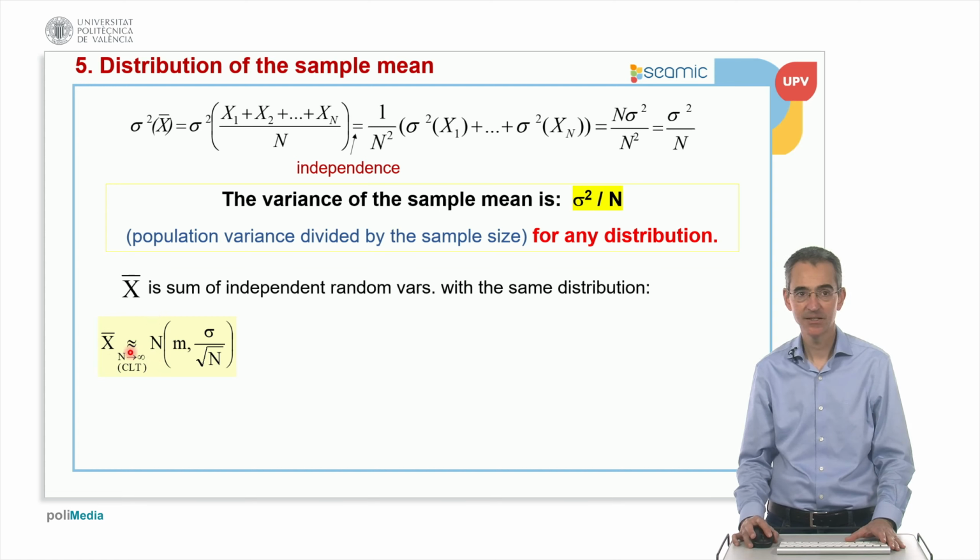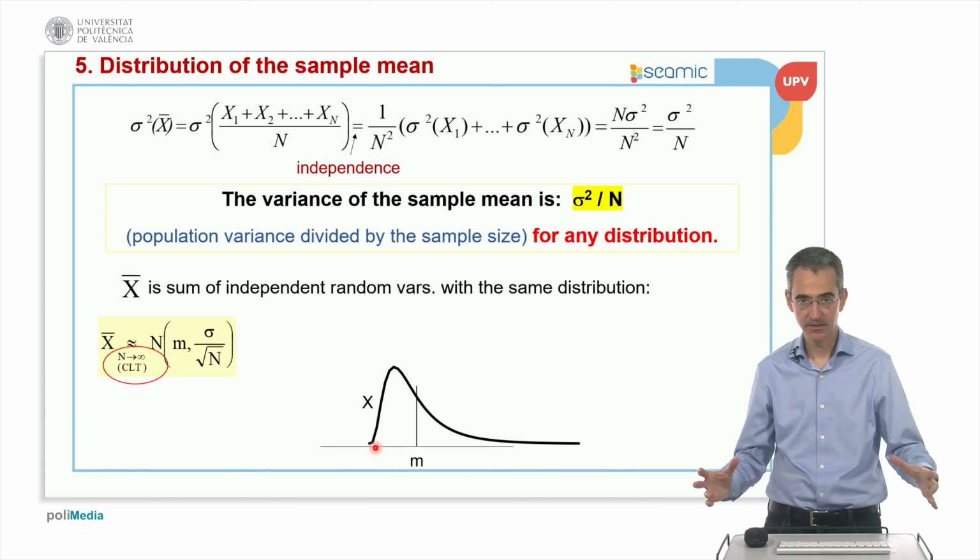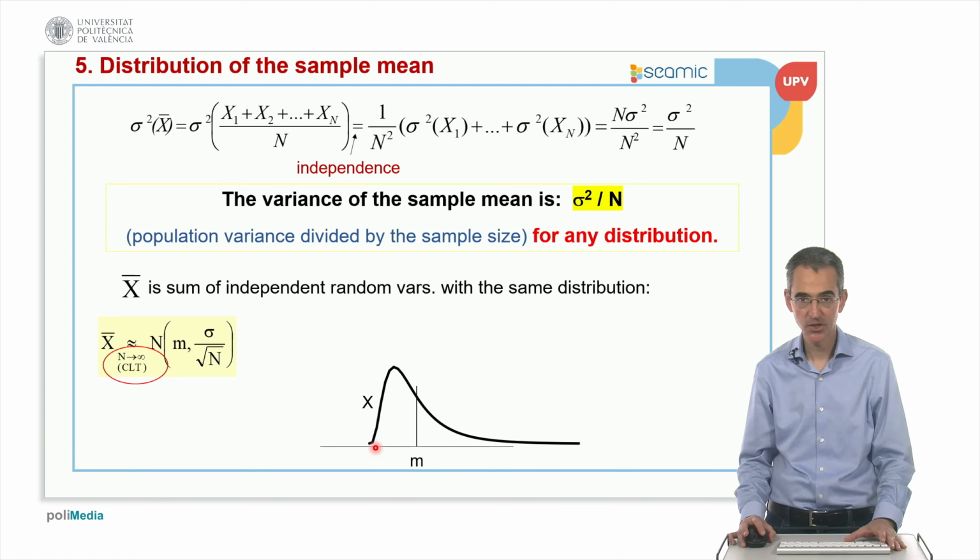But if the sample size is large enough, it will tend to be normal. The average will be m, and the standard deviation will be sigma divided by the square root of n. Good. So as I was saying, if I'm measuring values that follow a skewed distribution, the sample average will tend to be normal, something like this, and if the sample size increases, the variability of the sample mean will tend to be lower.